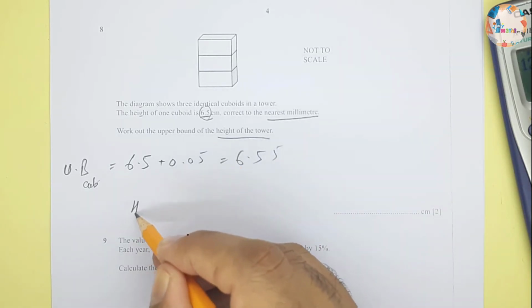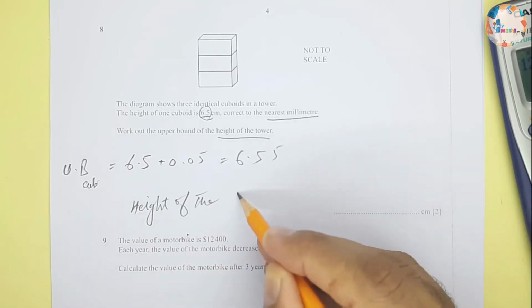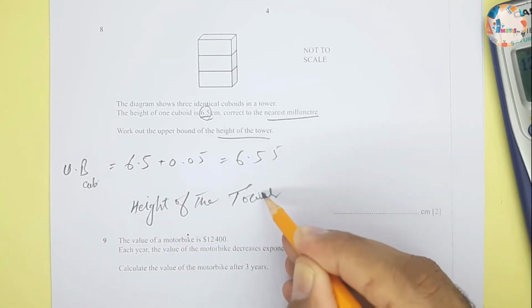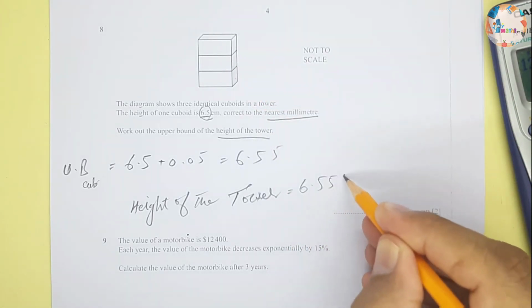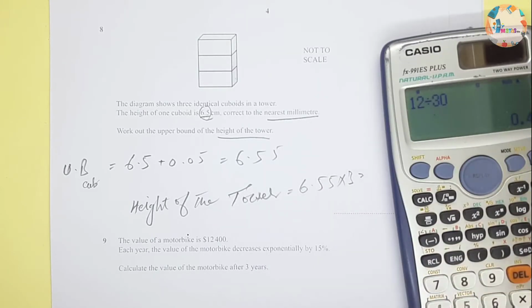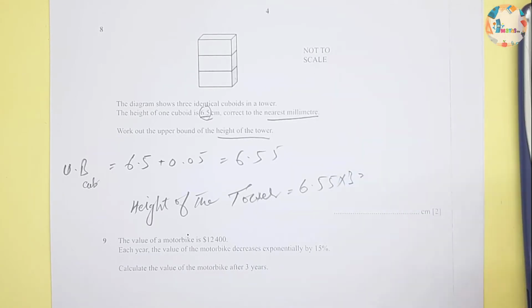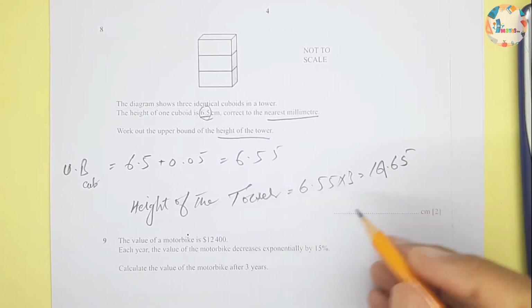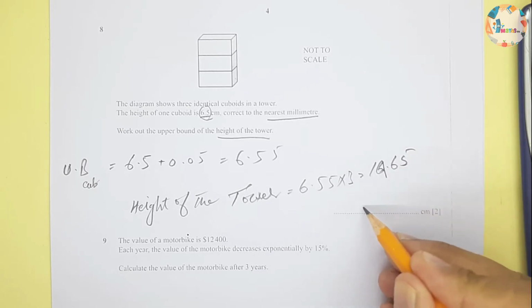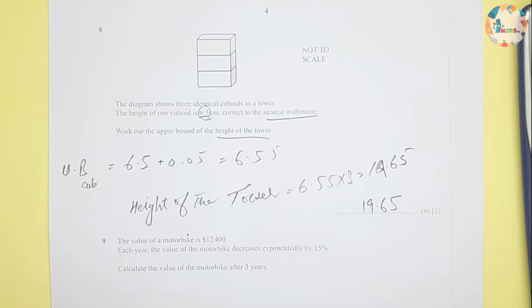The height of the tower will be equal to 1, 2, 3, so 6.55 multiplied by 3, and this will be equal to 19.65. We can write 19.65 centimeters. This will be our answer.